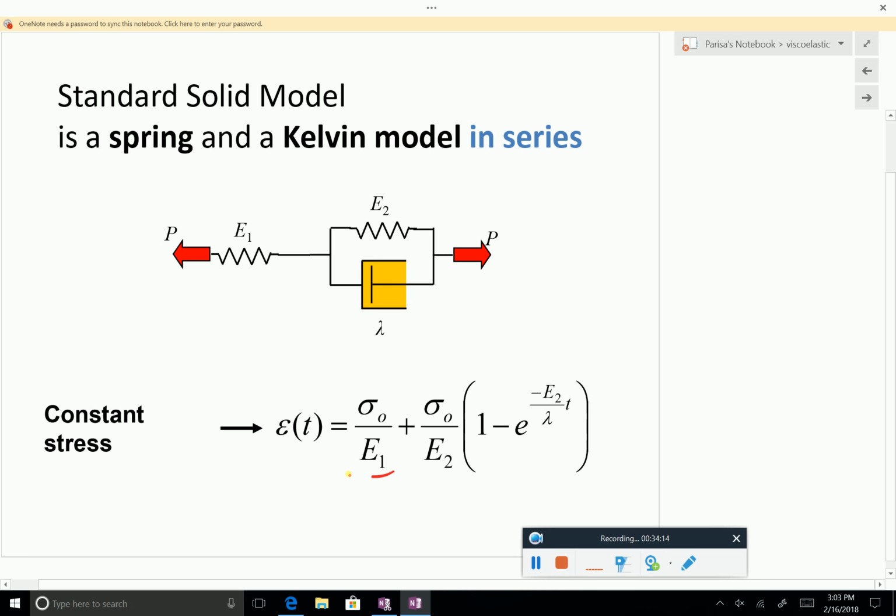So that's the spring, and this is the Kelvin. And I can sum them up because they are in series. So nothing new.